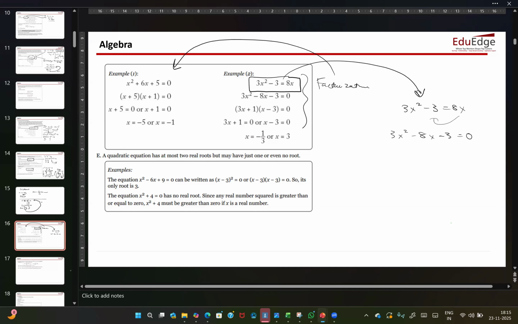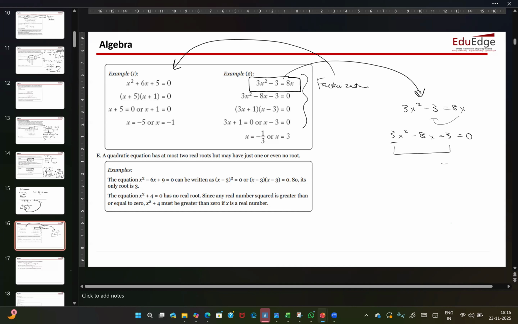Minus 9 plus 1. Okay. So here even x square has a coefficient, right? Yeah, so you take 3 the, sorry. So x is 3 or x is minus 1 by 3.